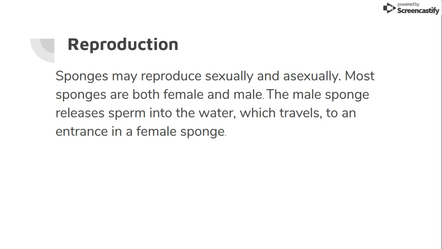Reproduction: sponges may reproduce sexually and asexually. Most sponges are both female and male. The male sponge releases sperm into the water, which travels to an entrance in a female sponge. The way Kalen described this to me, because he's the one that did this slide, but he's not here, so I have to describe it, is that one sponge acts as the male, another sponge acts as a female.